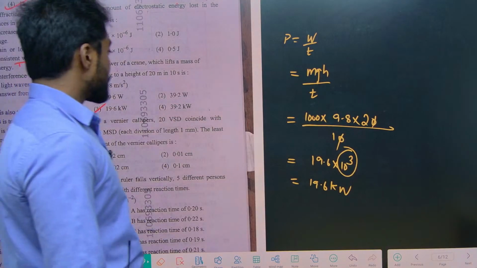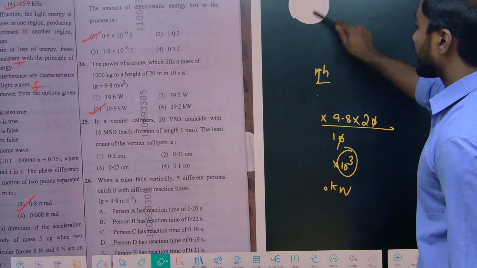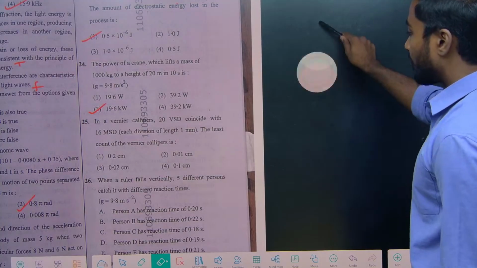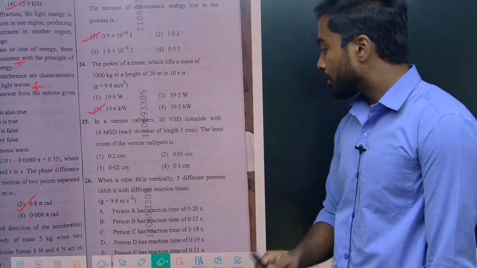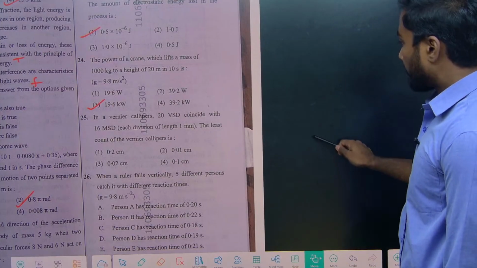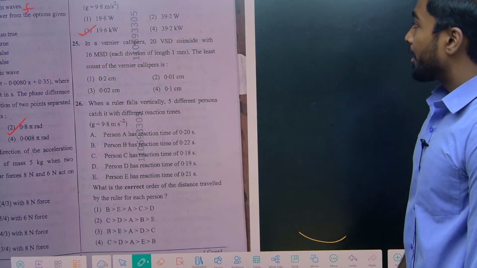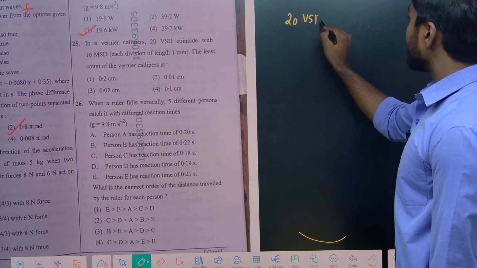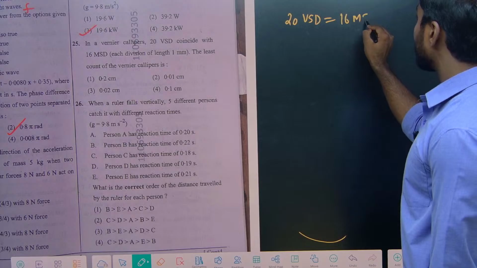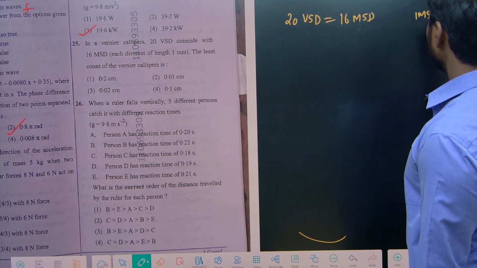Okay, yes, as I told you in the class, like this vernier caliper question, obviously they will ask this kind of question. I told you many times in the class. In a vernier caliper, 20 VSD coincides with 16 MSD, so 20 VSD equals 16 MSD, and each MSD is 1 millimeter.